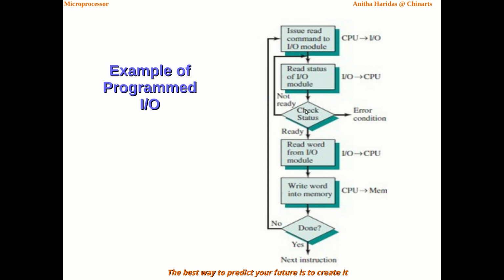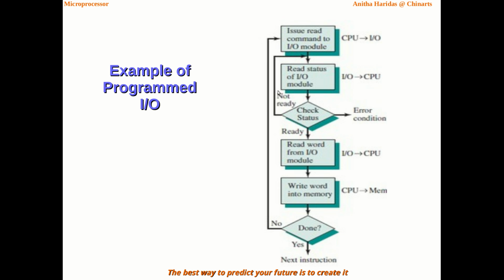Otherwise, if the status says the input output interface is not ready, it will go back and read the status again. So this part will be entering into the loop until the input output interface unit is ready for serving the CPU.